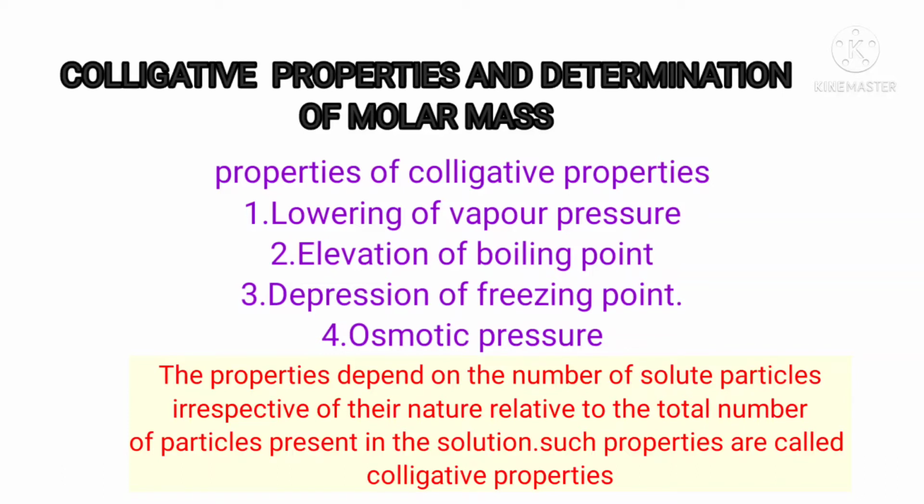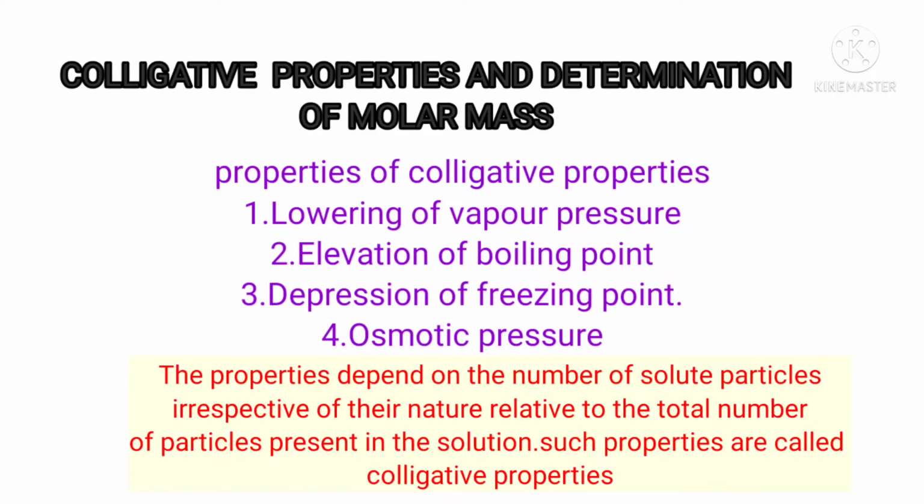All these properties depend upon the number of solute particles irrespective of their nature, related to the total number of particles present in the solution. Such properties are called colligative properties. What is a colligative property?